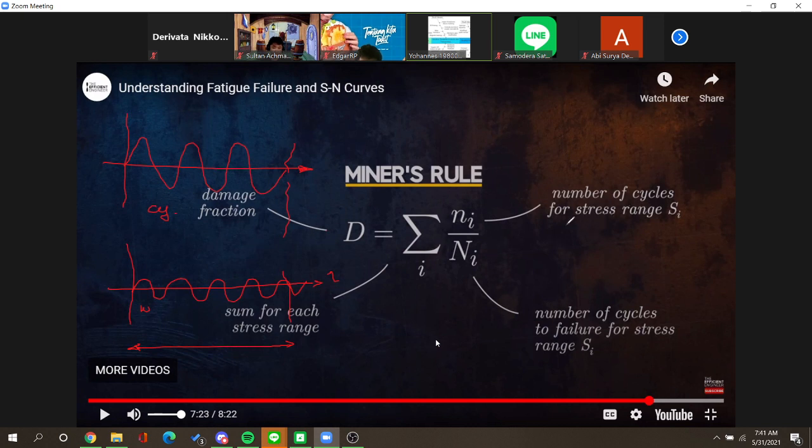This number of cycles is the fatigue strength.